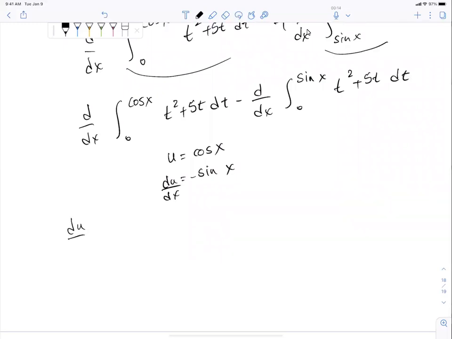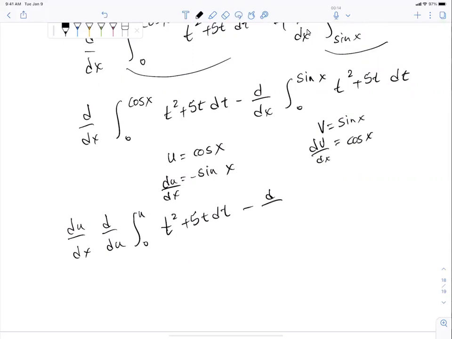So you get du/dx times d/du of the integral from 0 to u of t squared plus 5t dt, minus, let's call this now v, dv/dx of the integral from 0 to v of t squared plus 5t dt. So here I do the substitution sine equal to v. On the other one, I do the substitution cosine equal to u.